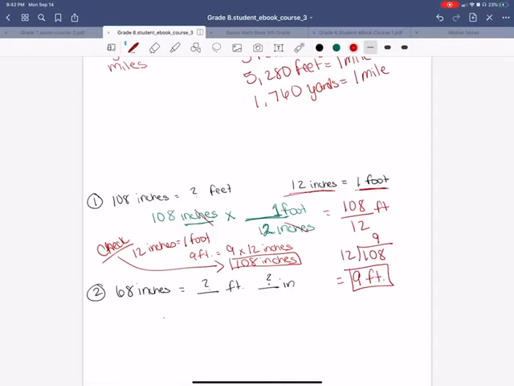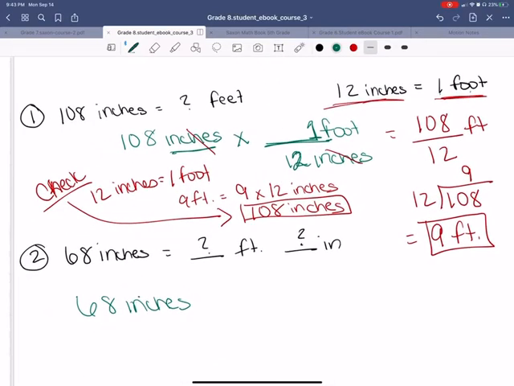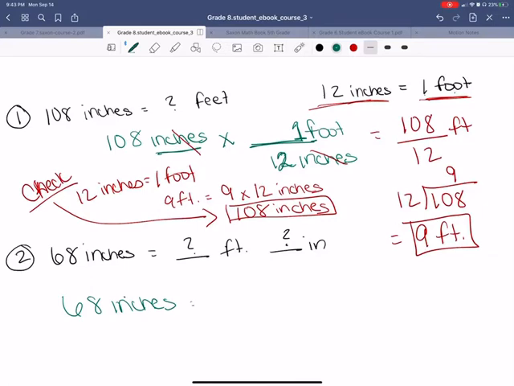And number two, we have 68 inches equals how many feet and how many inches, which means we're going to have a leftover. Again, we set it up the same way. We have 68 inches, and remember, our goal is to end up in feet. So feet needs to be at the top, and inches at the bottom. There is 12 inches in 1 foot, so our inches cancel out, and we're left with 68 over 12.